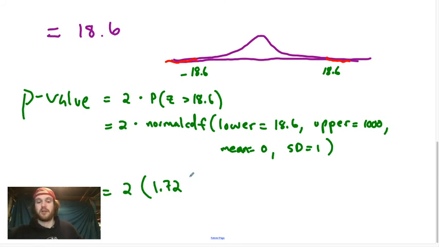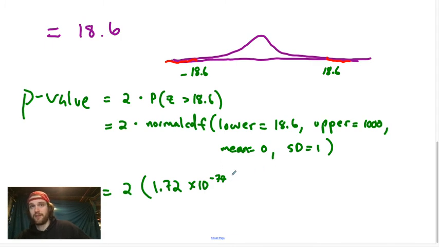Mine is, I'm going to double check because I used actually different numbers the first time I did this. Slightly different. I rounded differently. So I'll do normal CDF 18.6 to 1,000. Oh no, that's roughly correct. Yeah, 1.72. So 1.72 times 10 to the negative 77th.